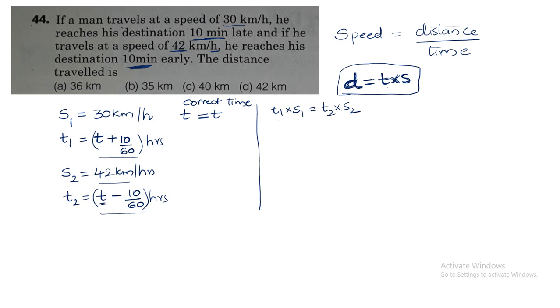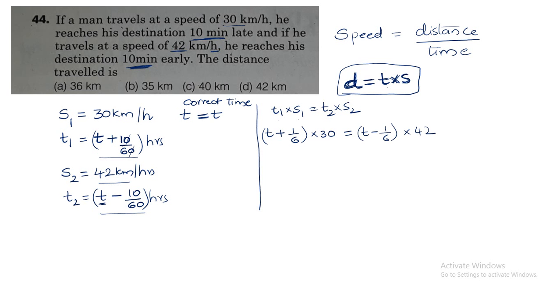Now substituting the values, what is time 1? Time 1 is t plus 1 by 6. So we can cancel out this 0 and 0. Then what am I going to get? t plus 1 by 6 into, what is s1? s1 is 30, is equal to t minus 1 by 6 into 42. Now what I can do here? I can take LCM.